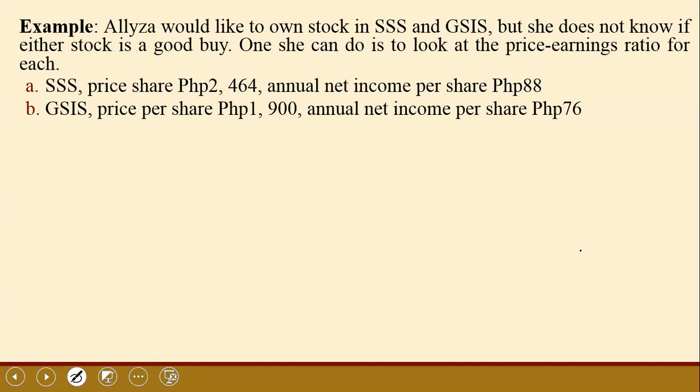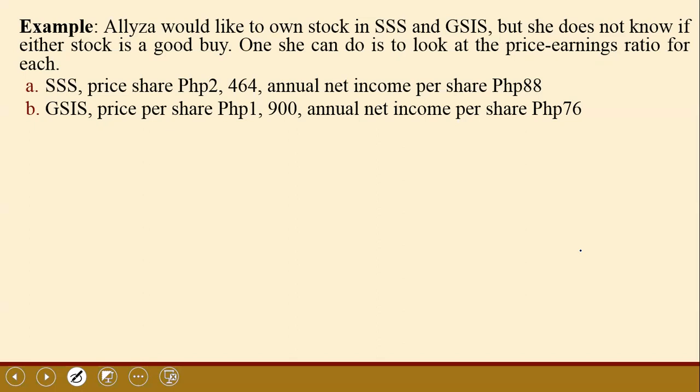For letter A, SSS, the price per share is 2,464 and the annual net income per share is 88 pesos. For GSIS, the price per share is 1,900 pesos, and the annual net income per share is 76. So we are going to find the price earnings ratio.